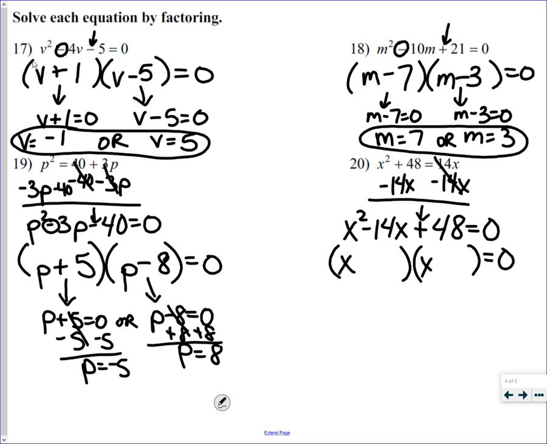This tells me they're the same signs. This tells me they're both negatives. Numbers that multiply to be 48 and add to be 14, that's going to be 6 and 8. So either x minus 6 is equal to 0, or x minus 8 is equal to 0.